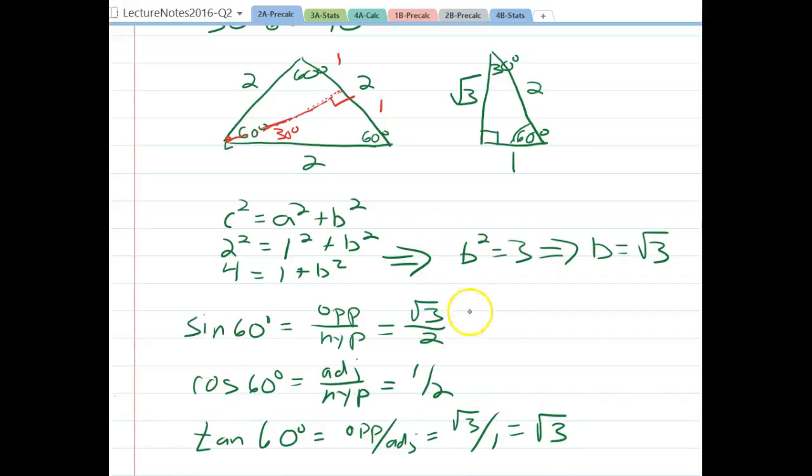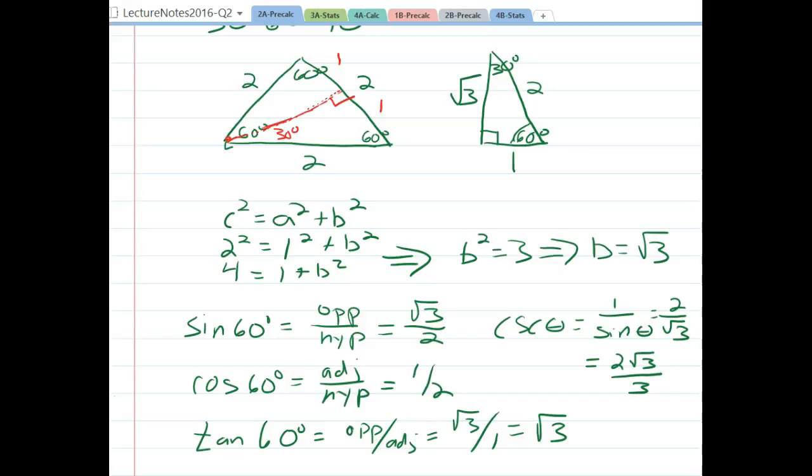Now I could also come up with the other ones, cosecant of theta, which is the inverse of sine theta. That would be 2 over root 3. And when I rationalize that, I would get 2 root 3 over 3, and so on and so forth.